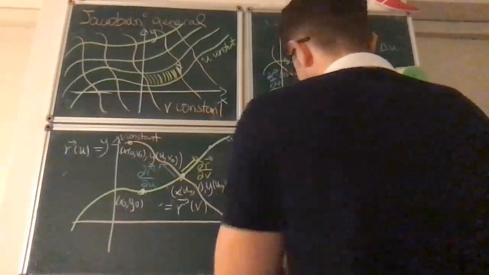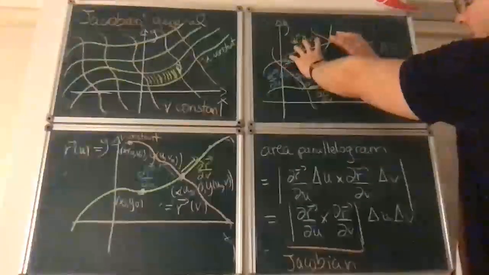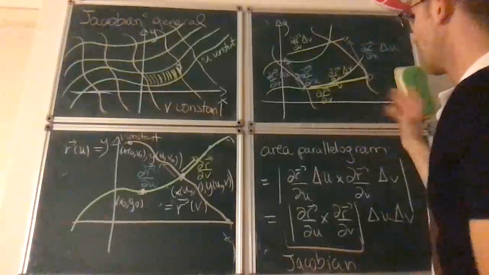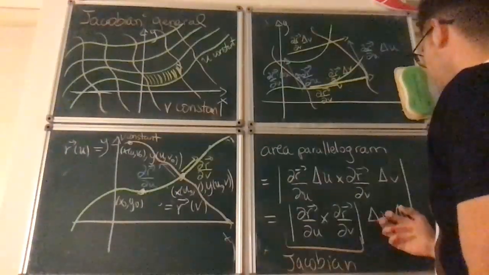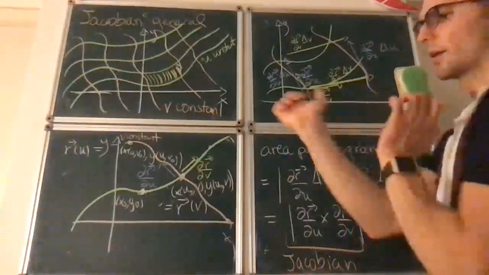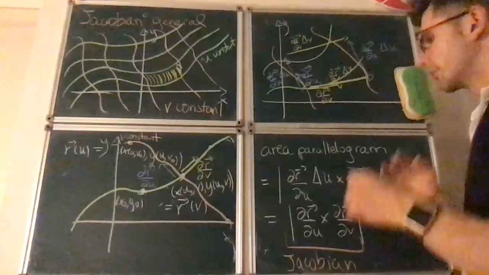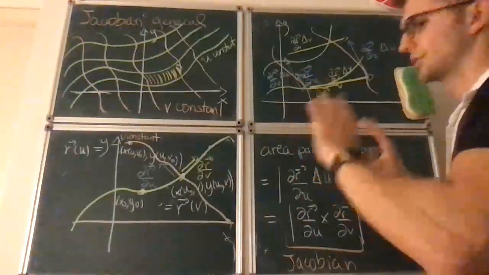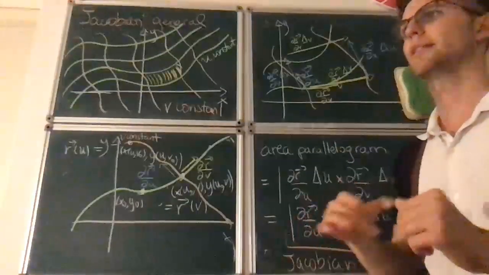Okay? So in the next video, the idea is that this area of the parallelogram is a better approximation for this other area as you start shrinking down the delta u's and delta v's, the amount of time that you moved in a certain direction. So what I will do next video is just give you the black box of how we're going to use the Jacobian, and then we'll do 2 examples so that you get the idea behind it.